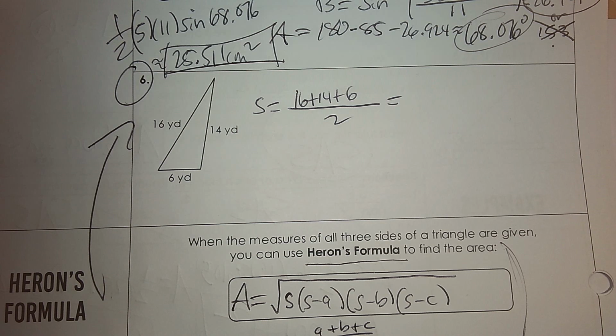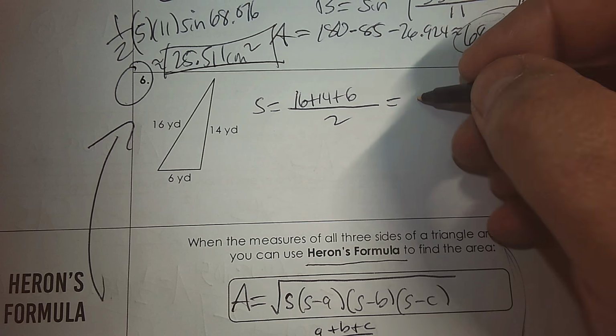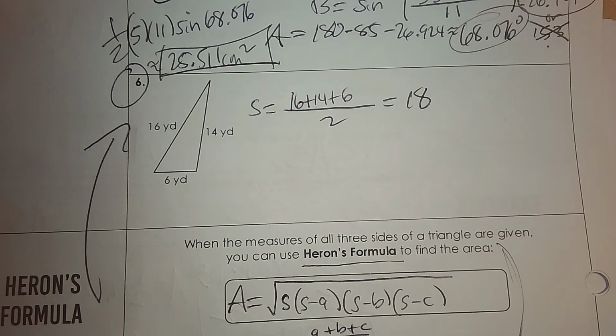If you're not careful with your calculator, you won't do order of operations correctly and not get the answer. But I know and you know, what's 16 plus 14? 30 plus 6 is 36, and what's half of 36? Or when you use your calculator, you add it up, press enter, and then divide by 2, enter, so that you do order of operations correctly. So you have to add all three numbers first, get an answer, then divide by 2.